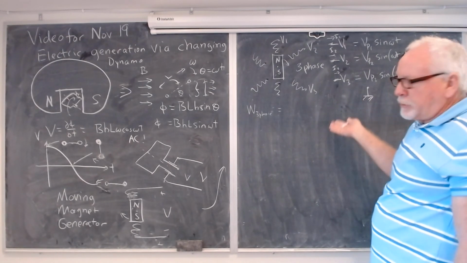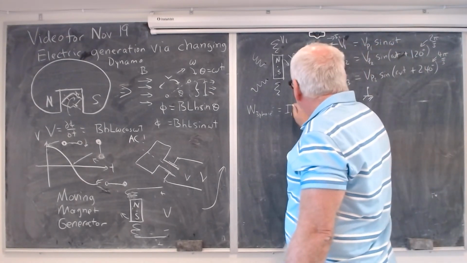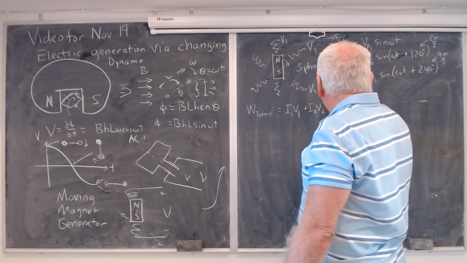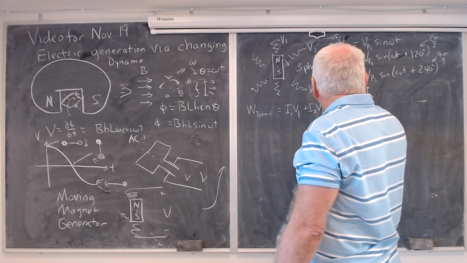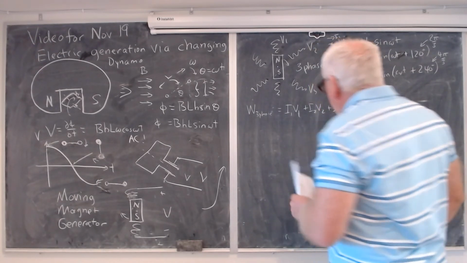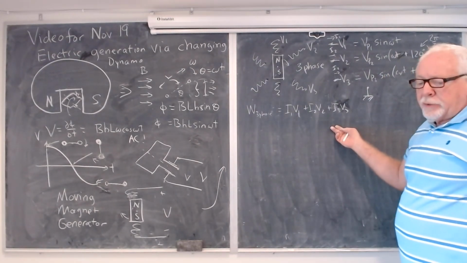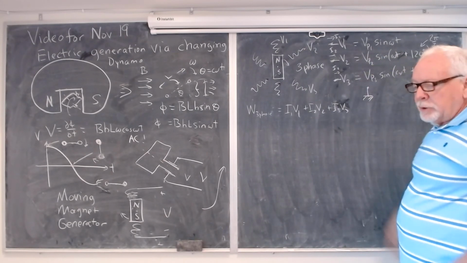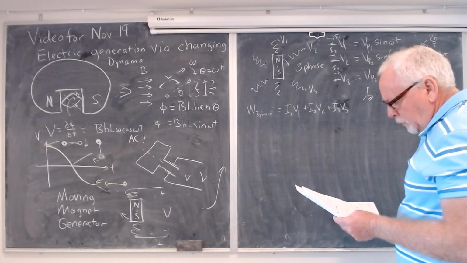In fact, I could treat them as three separate circuits with respect to ground. So I have I1 V1 plus I2 V2 plus I3 V3. That's one way you can measure a three-phase circuit: you measure each voltage down to ground. People tend to do it a different way, which is simpler.